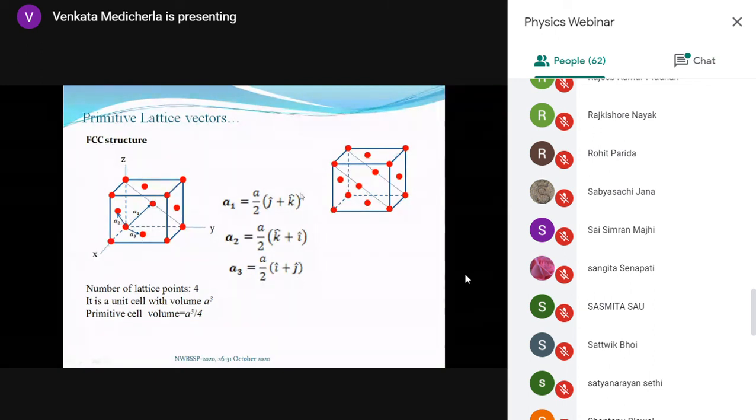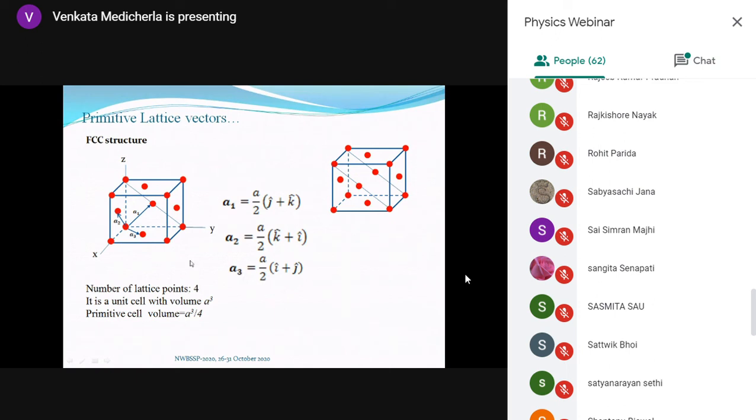So you see that we have done these symmetrically. If you want to write non-symmetric vectors, you can also do it like this: A1 you take A I cap, A2 you take A J cap, and only one face center for A3. You can define that, but it is not important. The symmetric lattice vectors directly define what we do.